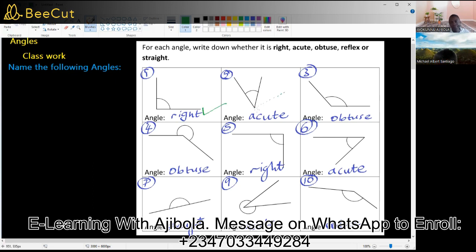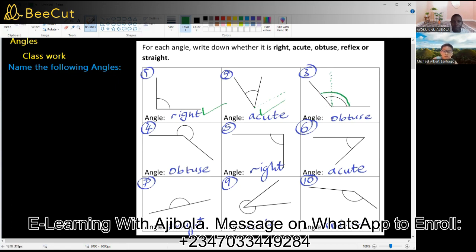So you are correct. Then this obtuse angle, by definition, should be greater than 90. If you check this as the part of 90 degrees, then this angle is already greater than 90, which means you are correct.